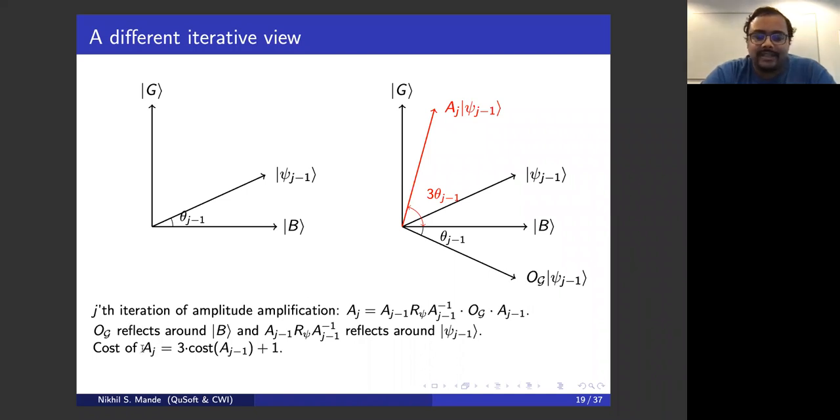So the cost of A j turns out to be you're using A j minus 1 3 times, and you're invoking an oracle query once. So the cost of A j is just 3 times A j minus 1 plus 1.